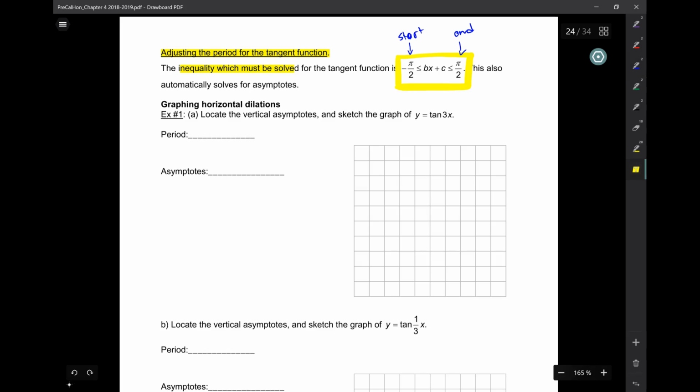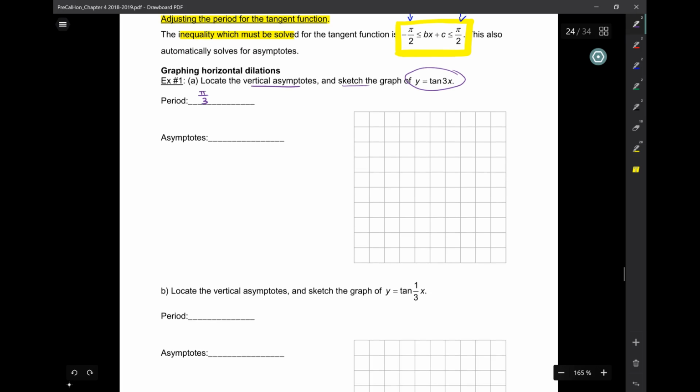All right, so here we want to find the vertical asymptotes, and we want to sketch y equals tangent 3x. How much is the period here? Pi over 3. And that's it. The asymptotes, we're going to do the asymptotes and the 5 points all together.